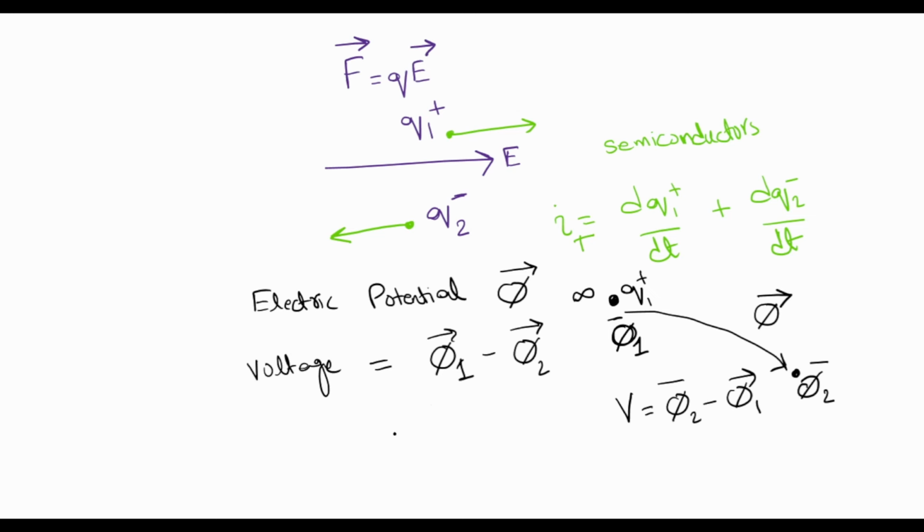So in electrical engineering, we always fix one of the potentials. Phi2 is normally chosen as reference, which is connected to the earth. So this is a grounding symbol.